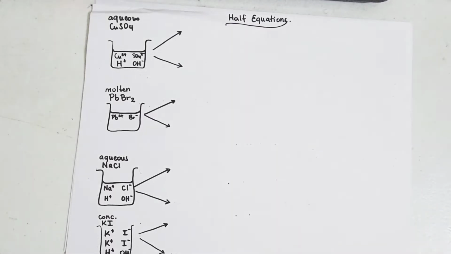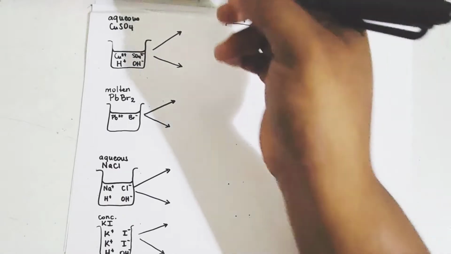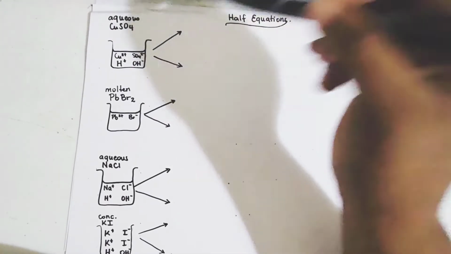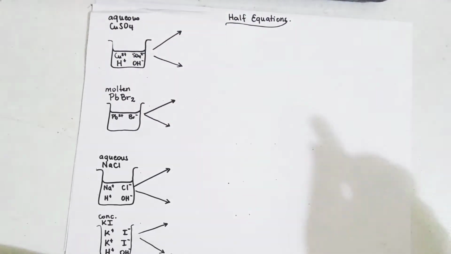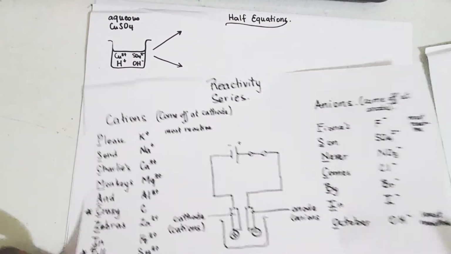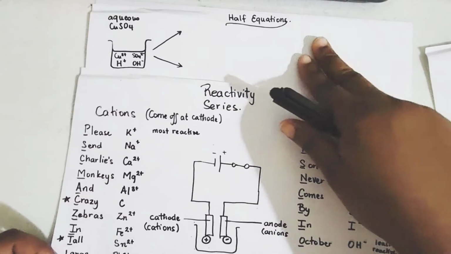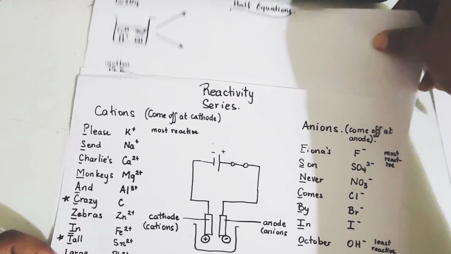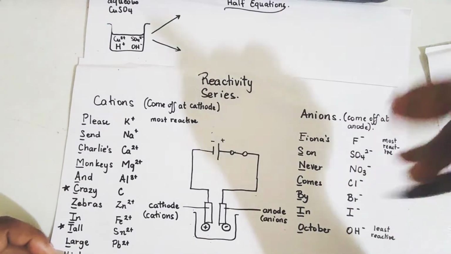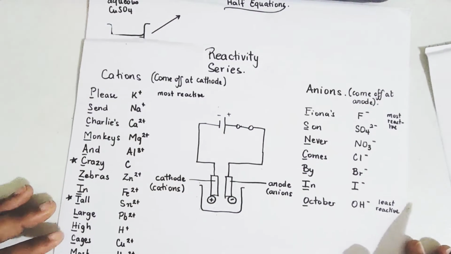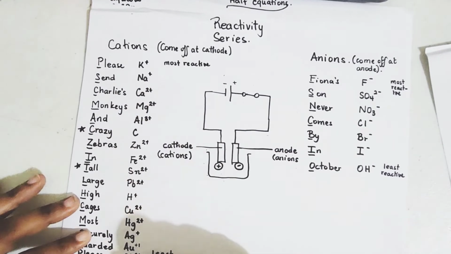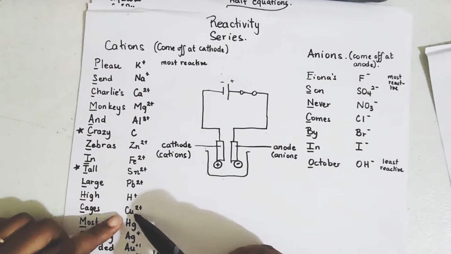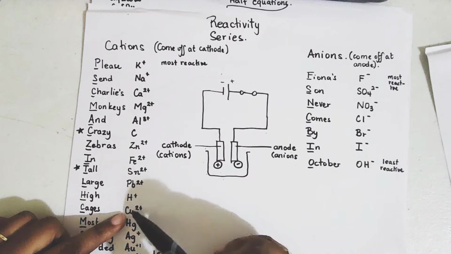So when you want to figure out which ion to pay attention to, remember the ion that is at the bottom of the reactivity series, that's the one you want to look at too. So we're dealing with copper sulfate. So if you're dealing with copper sulfate here, right, you see that according to this, the cations, we see copper is all the way down here, and hydrogen is just below hydrogen.